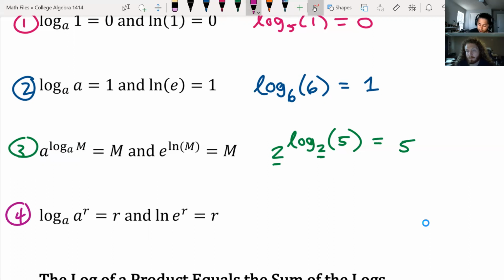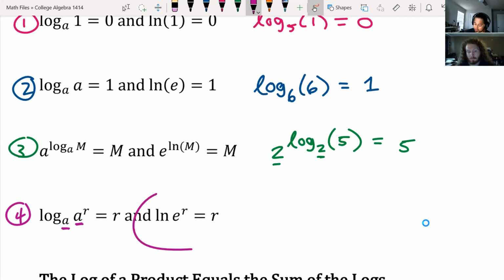4. Log base a of a to the r is equal to r. So this one, again, is a consequence of number 2. So here, your log bases are the same. Well, the base is the same as the number inside the log. So they will cancel and leave you with the exponent of r.